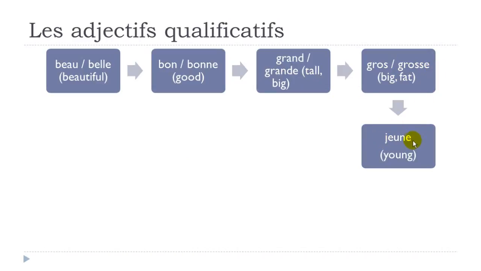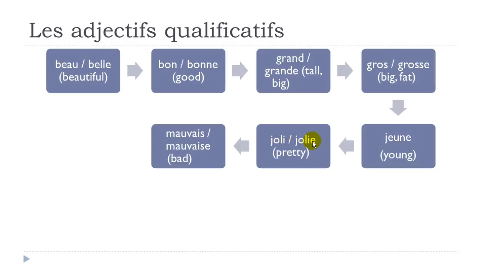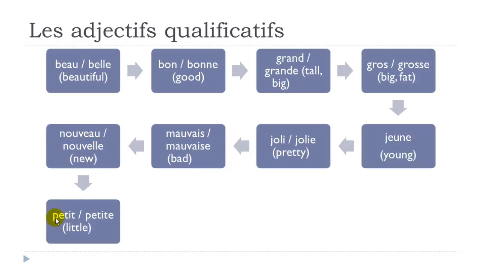Jeune. So it's interesting here because you get only one form. For the masculine and the feminine, it doesn't change. Joli, jolie. Mauvais, mauvaise. Nouveau, nouvelle. Petit, petite. Vieux, vieille.